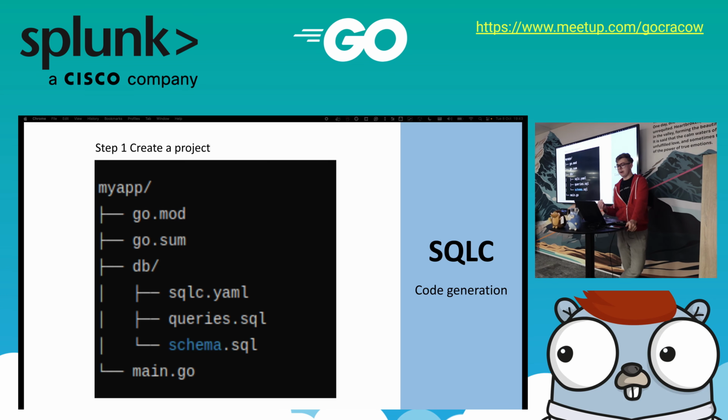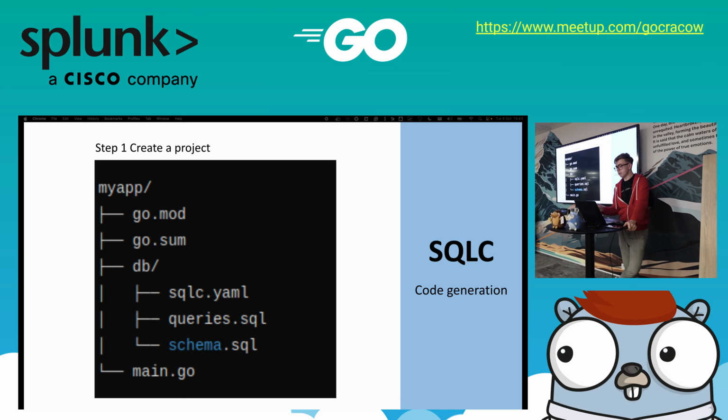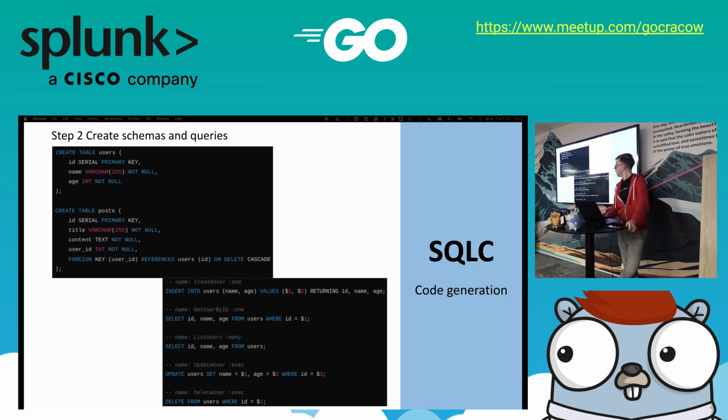So first, we are starting with three files: sqlc.yaml, queries.sql, and schema.sql. Those namings are up to us, but we can separate the SQL code into different files, and we need to have some kind of YAML configuration.